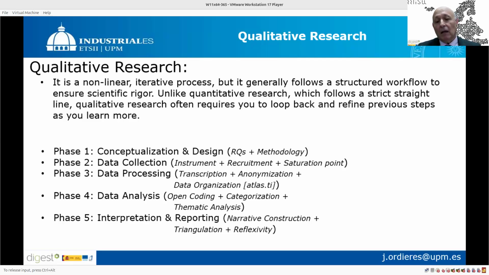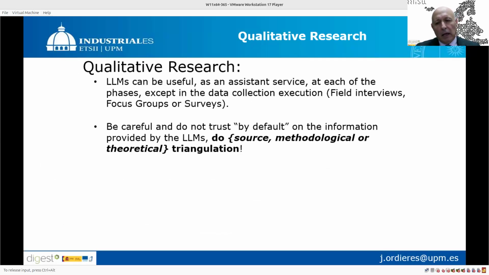And then finally, the final phase, which is the interpretation and the preparation of the report, where we need to create a narrative construction, probably do several triangulations to be sure that we are not losing a key aspect in the analysis, and try to be reflective in terms of what the evidence provides and what can be affirmed based on that evidence.